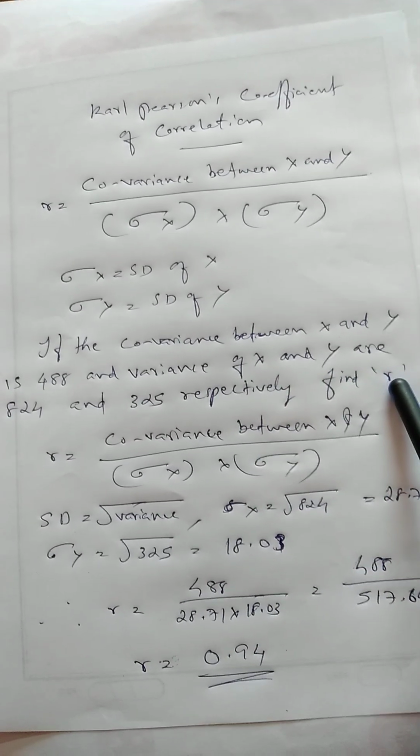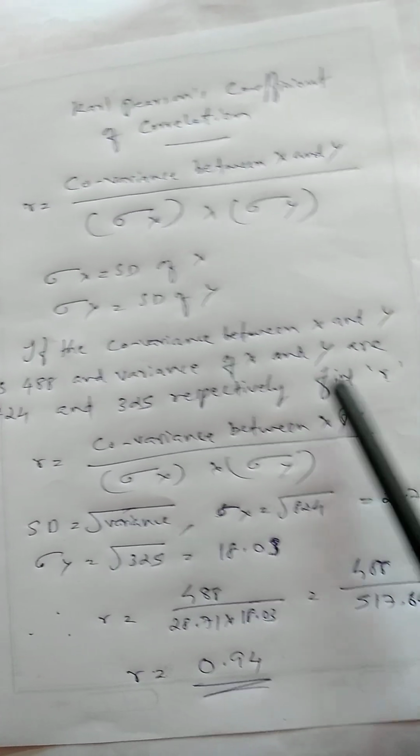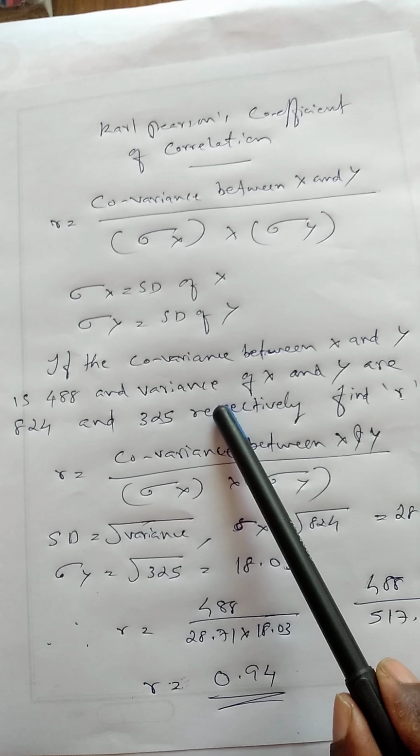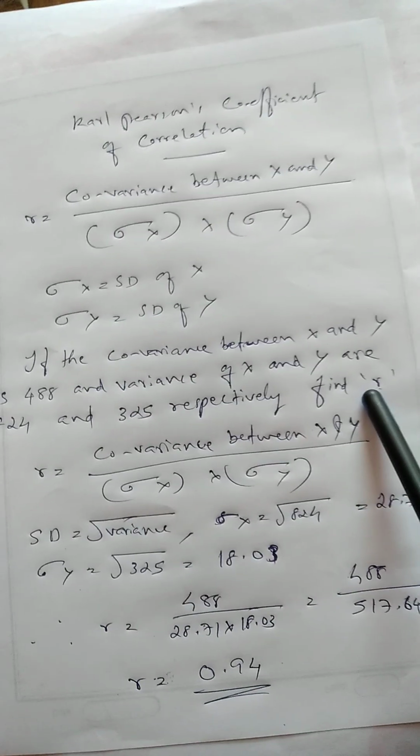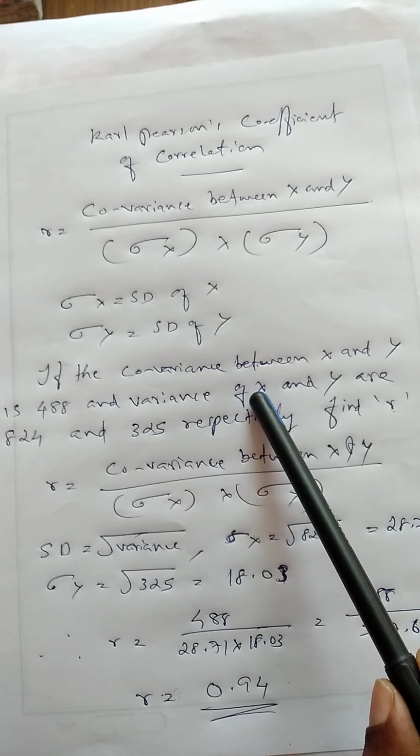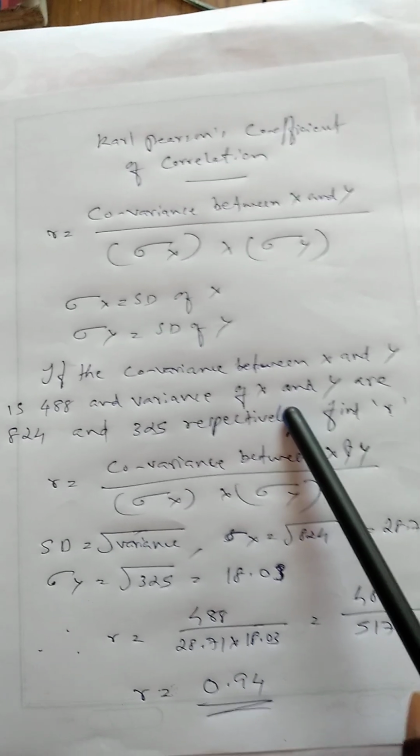This is also a question to find a correlation. Okay, here x variables and y variables are not given, but some other details are given in your question. If the question appears like this, we cannot use the first formula.